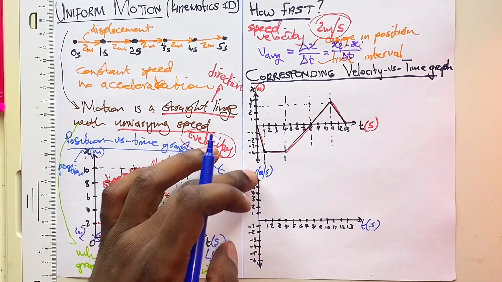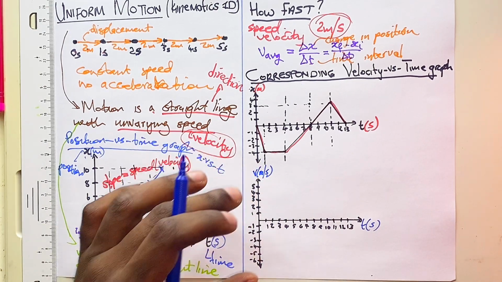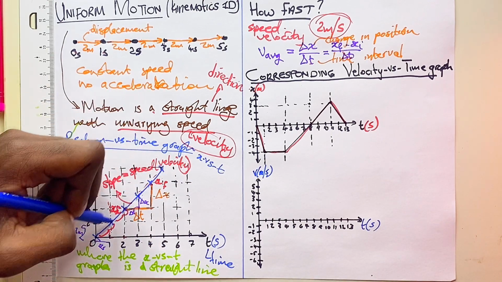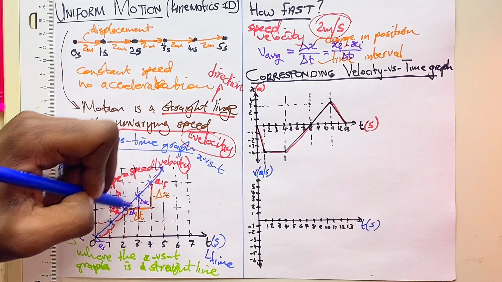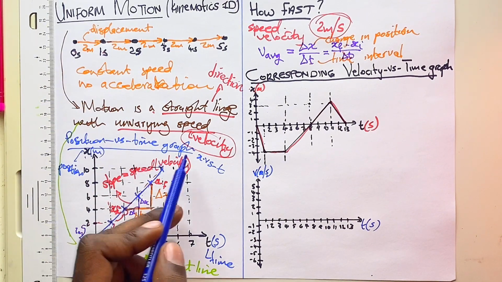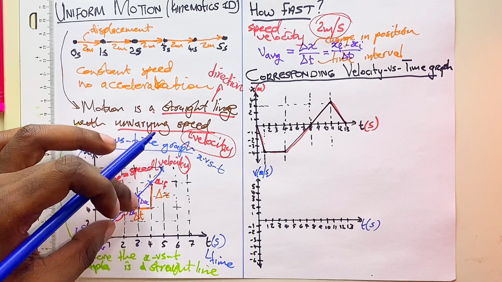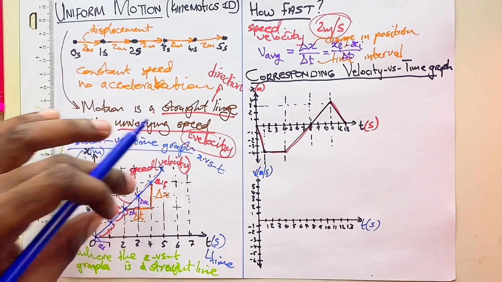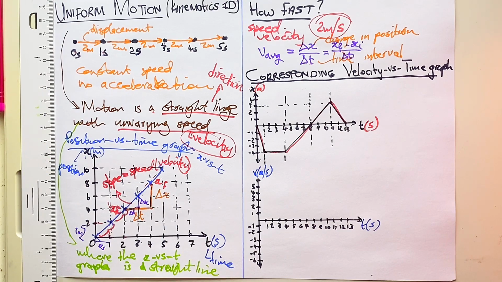So what we are going to do now is, we just said that to find the velocity we must look at the slope of our position versus time graph, and then that slope gives us our velocity or our speed. But now we're going to be more specific.